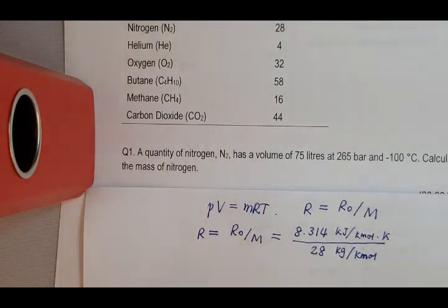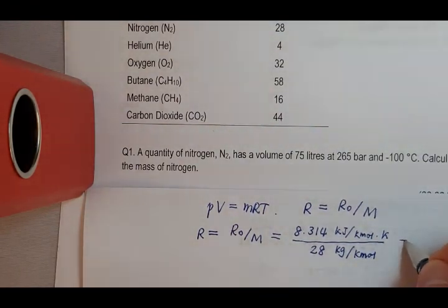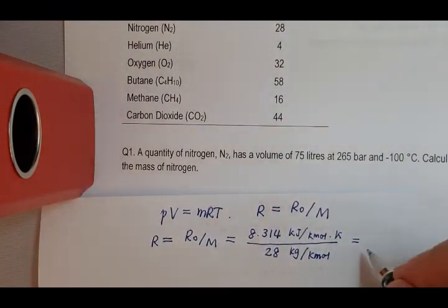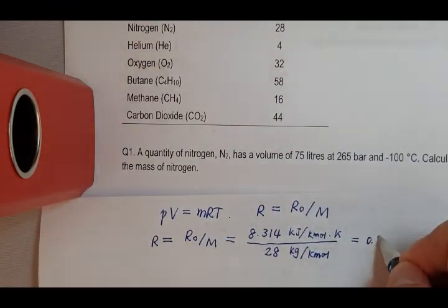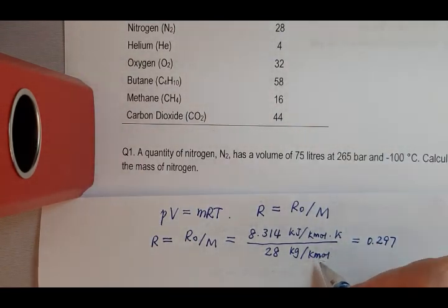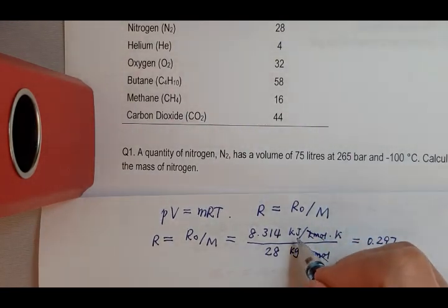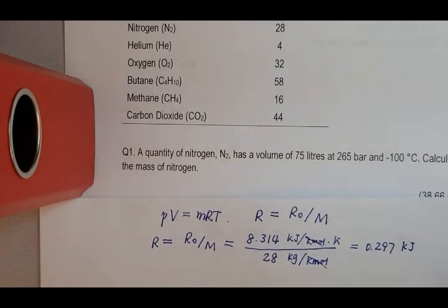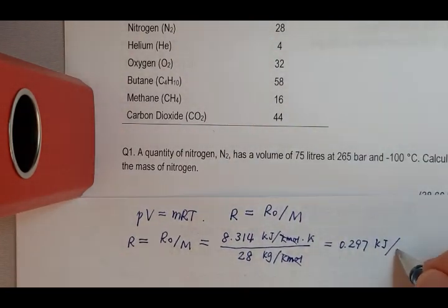If we calculate that, we get the value of R as 0.297. We can calculate the unit as well: kmol and kmol cancel, so we've got kilojoule per kilogram K.